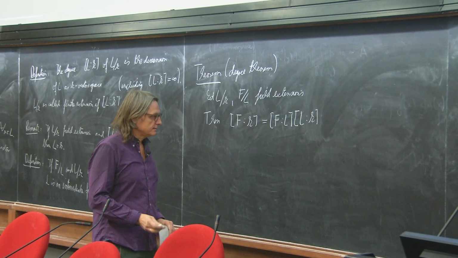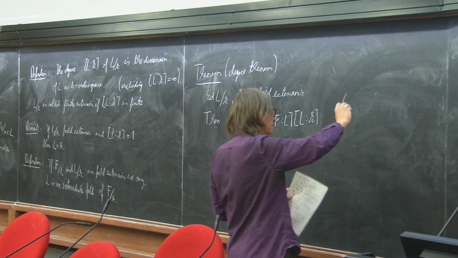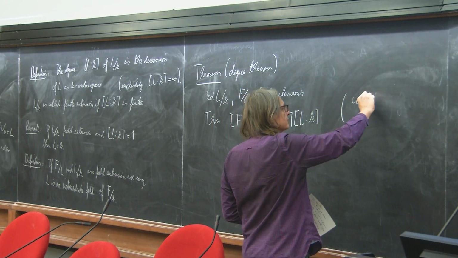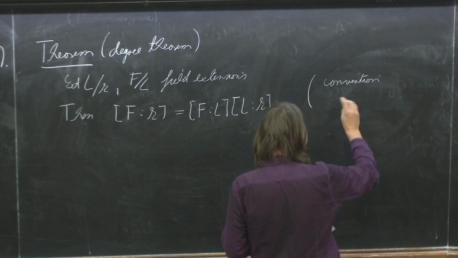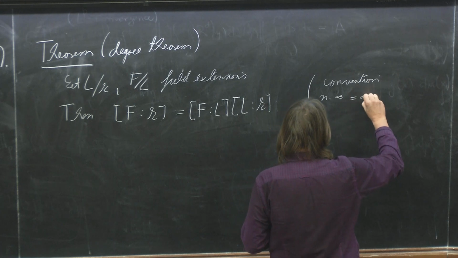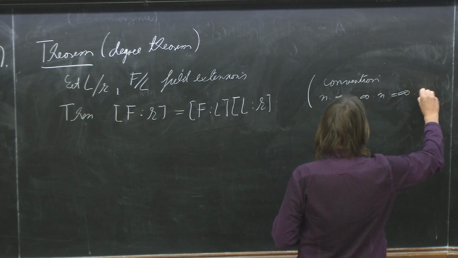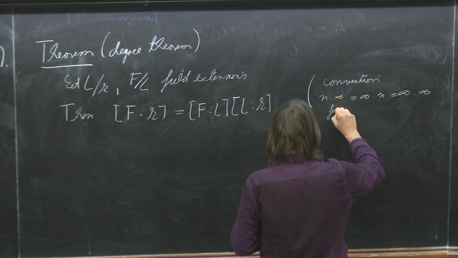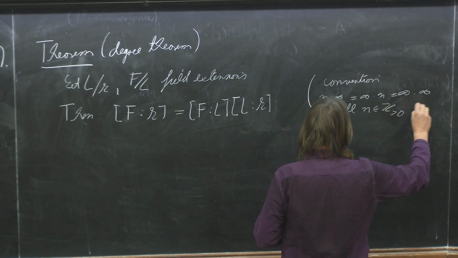In theory, these numbers can be infinite, so we use the convention that n times infinity is equal to infinity for all positive integers n.